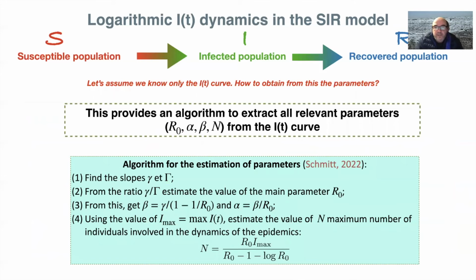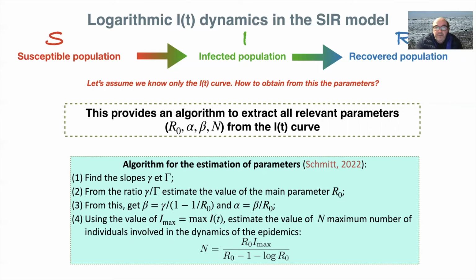So from this, we have an algorithm that can be used to extract all the parameters. Let's assume that you have a SEIR model in real life, producing a curve for the infected population, but you don't know the parameters. All you need to do is look at the slopes, small gamma and capital gamma, the exponential increase and exponential decrease.